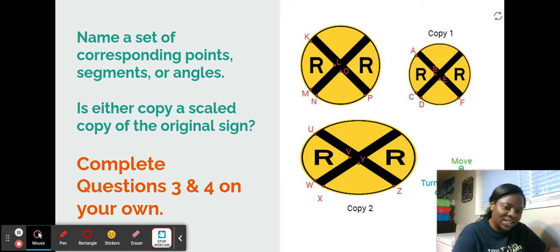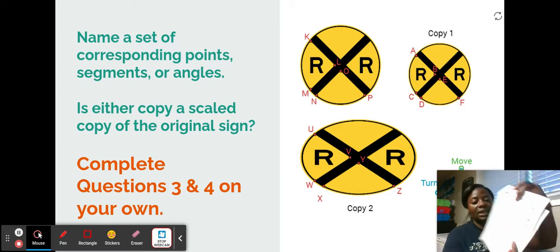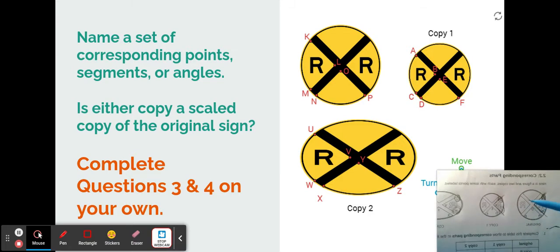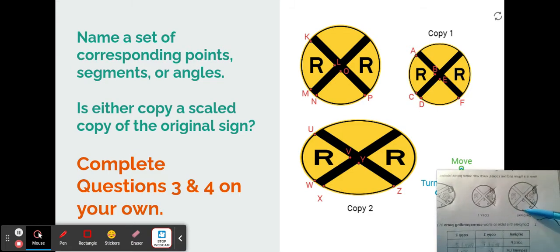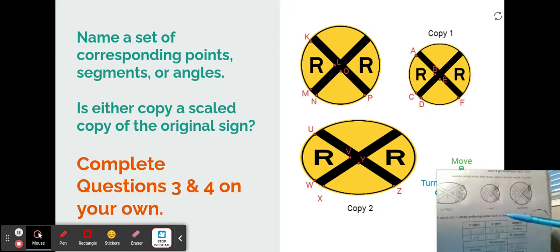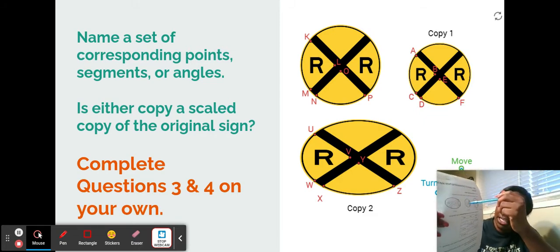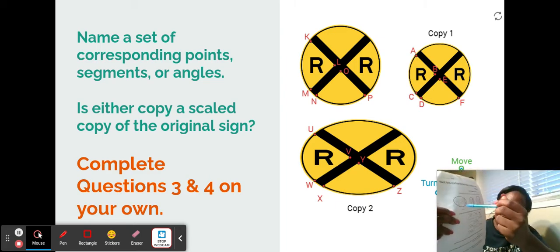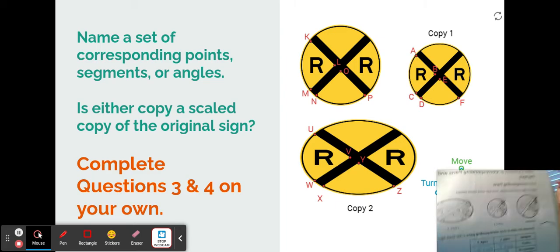Number 4 says do the exact same thing, but use angle NOP. NOP, that's down here. The angles that correspond with NOP would be DEF, which we already figured out on our table, and XYZ. Cool.